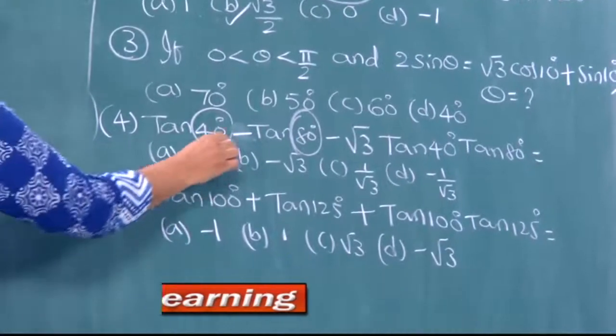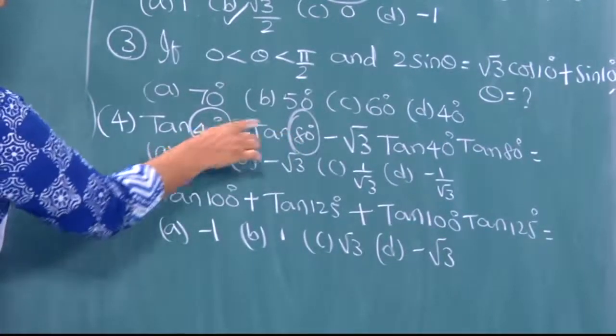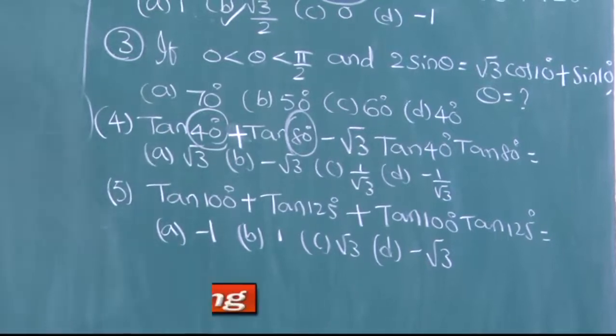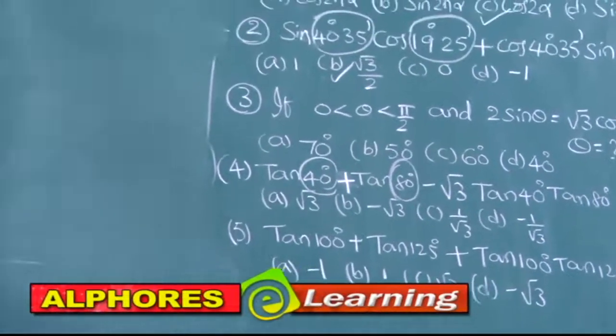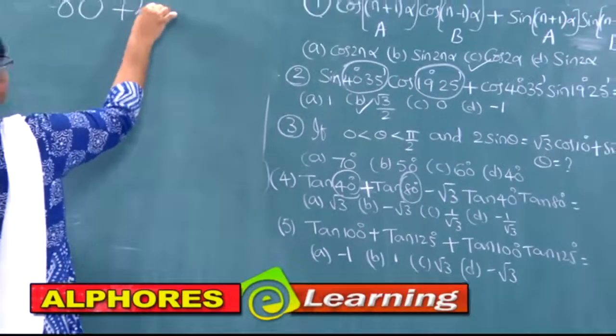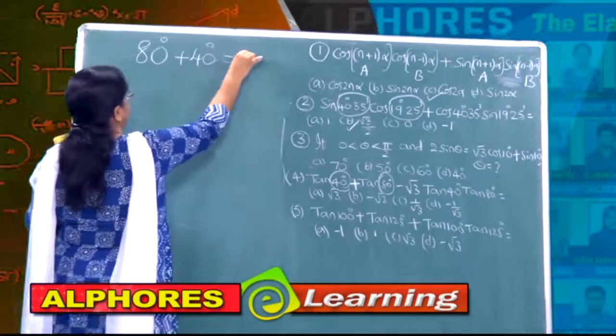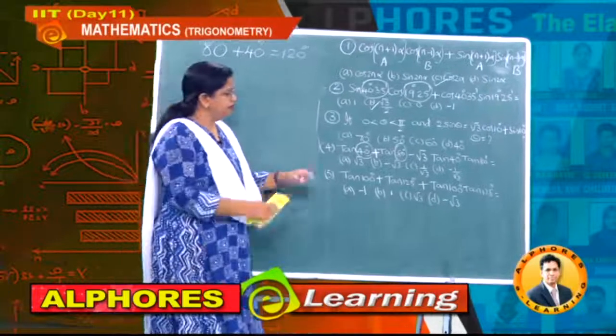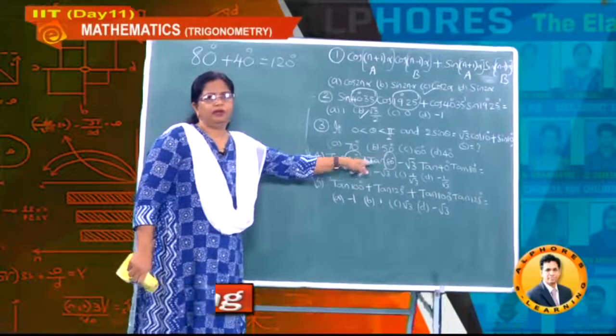And for plus, take their sum, 80 plus 40, understand students. So I am taking now 80 plus 40, you know very well it is 120 degrees, right. So this is the value. Why did we use those? These are in the problem.